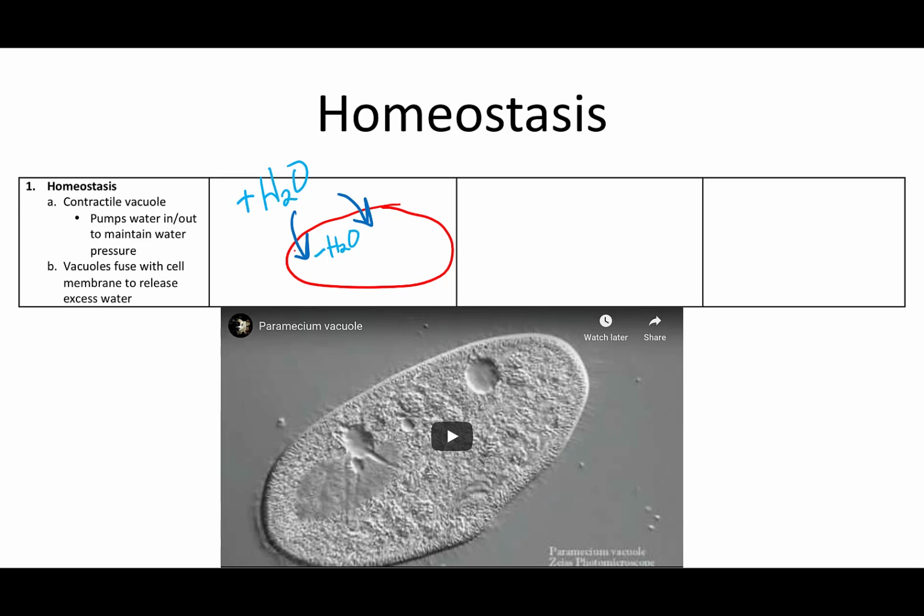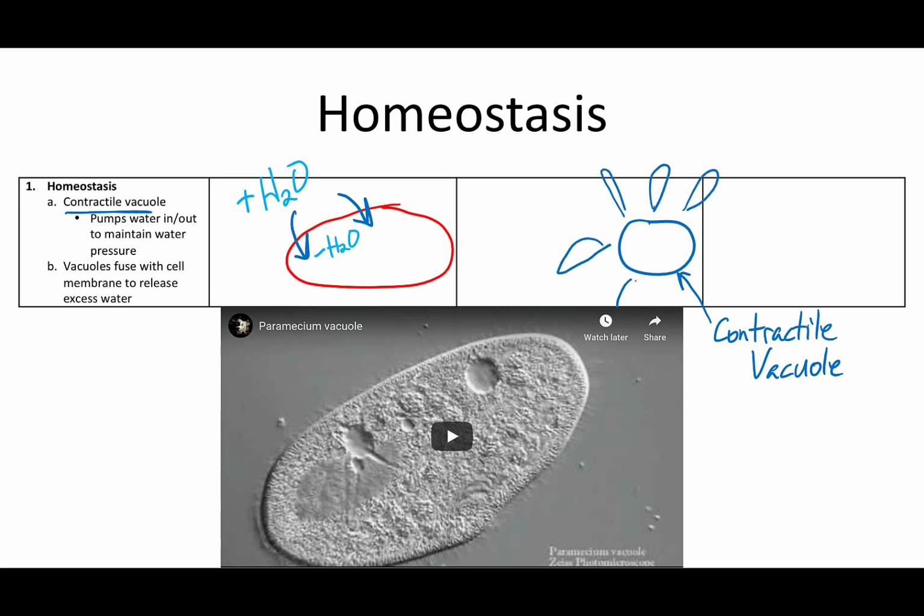So these contractile vacuoles work to maintain the water pressure. So you've got the contractile vacuole there. And then around it you have these star-like, I think they're called spongiomes.